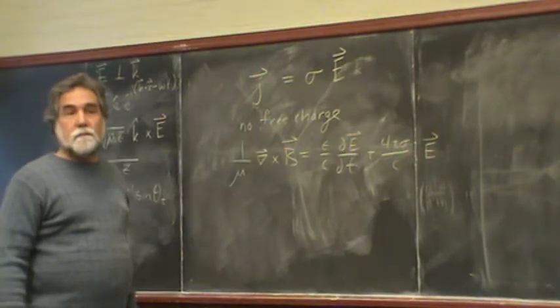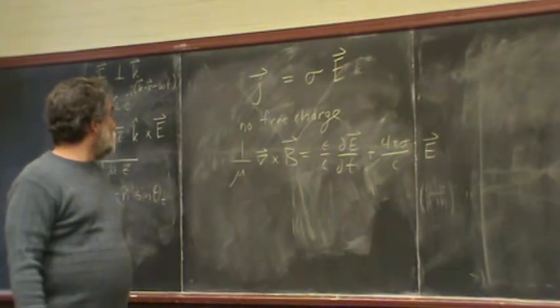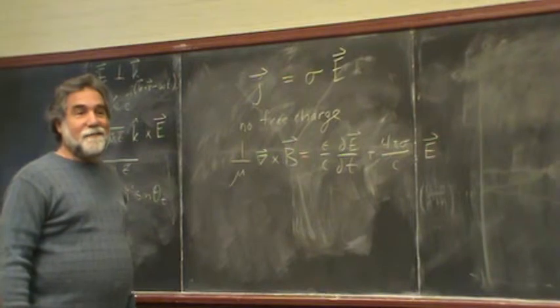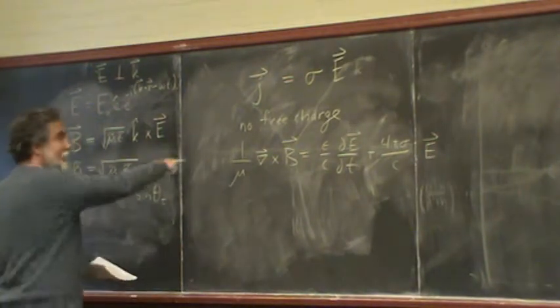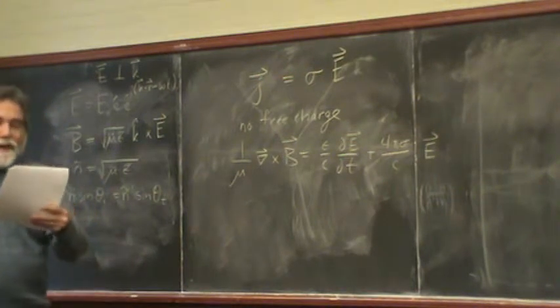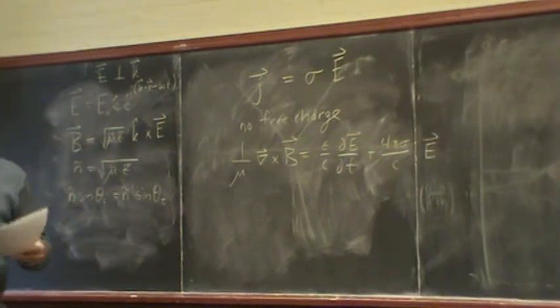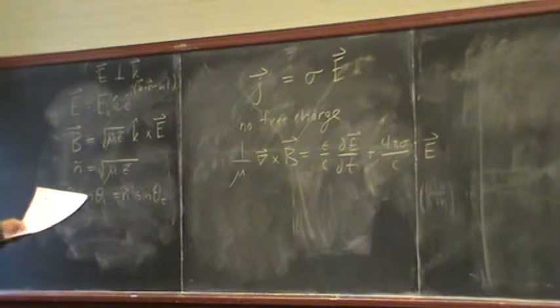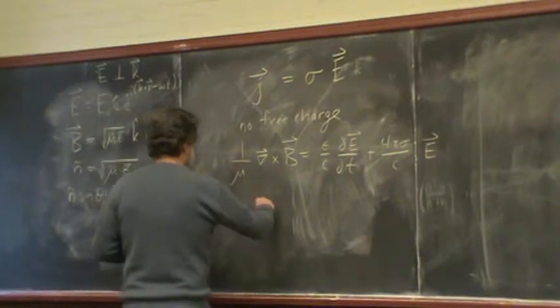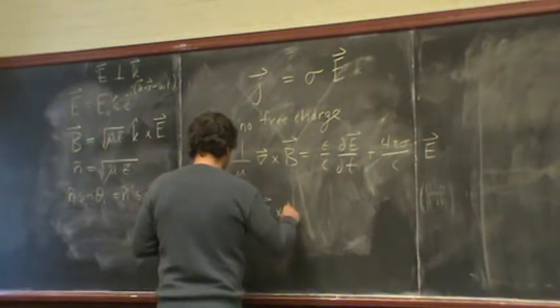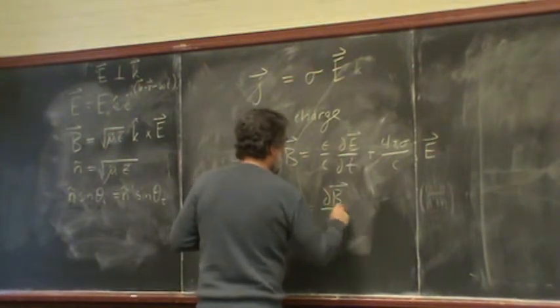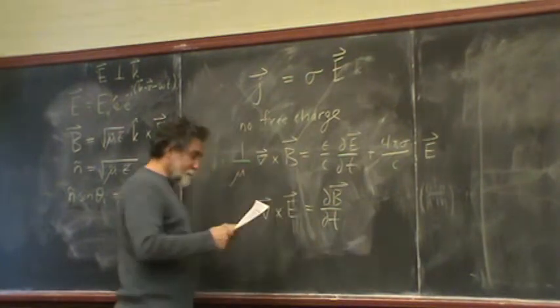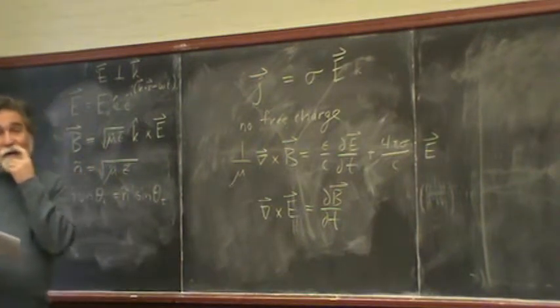I probably got that out of Ohanian, so it's got to be CGS. And for the electric field, curl E is the negative of the time derivative of B over c, dt. Still no magnetic currents.